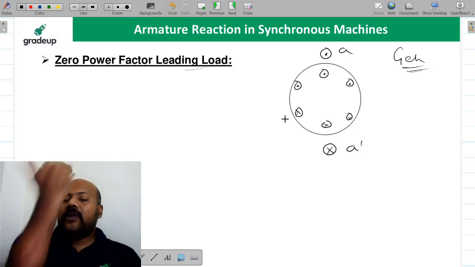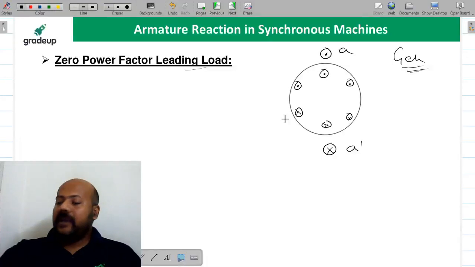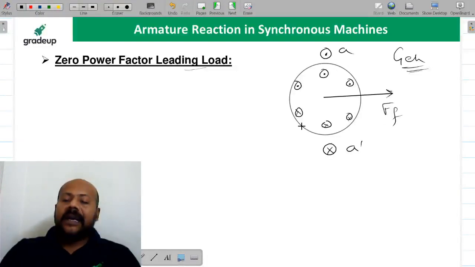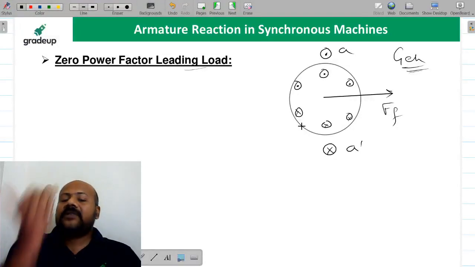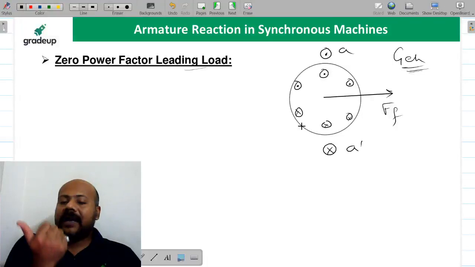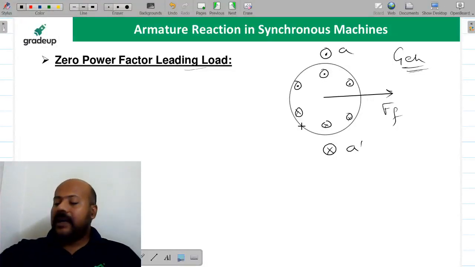So again, if you apply your right hand rule for the rotor field winding, what is going to be the direction of your main field flux? It is going to be something like this. This is going to be your main field MMF. And again, if you apply the right hand rule for the AA dash stator armature winding A phase coil current sense, then you are going to get the direction of armature flux or MMF in the same direction, because the current sense is same.